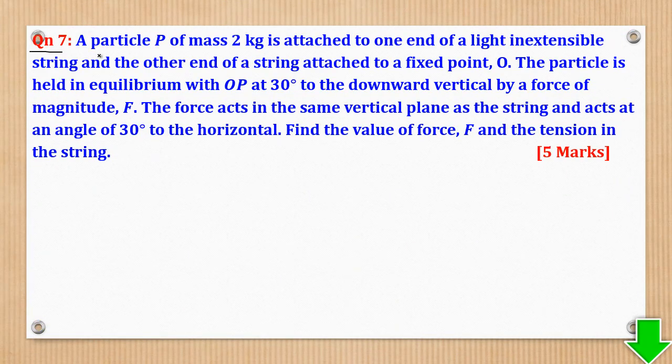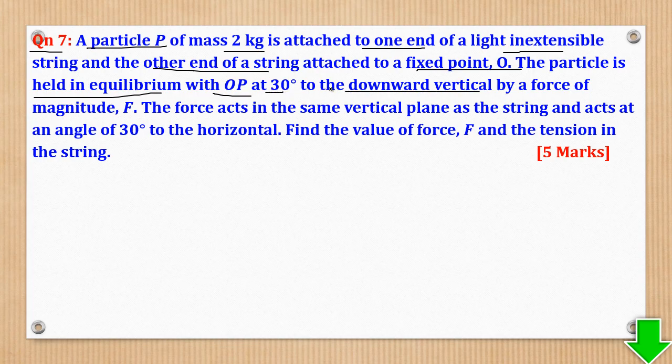Question 7 says a particle P of mass 2 kilograms is attached to one end of a light inextensible string and the other end of the string is attached to a fixed point O. The particle is held in equilibrium with OP at 30 degrees to the downward vertical.